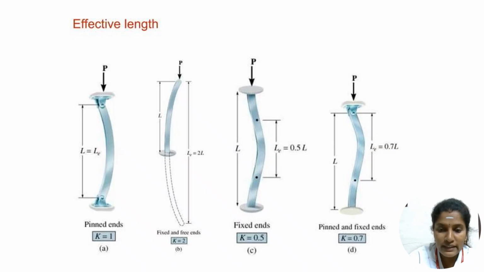If both ends are fixed, the effective length is 0.5L, and the K value may also be 0.5. Likewise for pin and fixed ends, that means one end is fixed and the other end is pinned, the effective length is 0.7L, and the K value is also 0.7. These are the effective length criteria based on the end conditions.